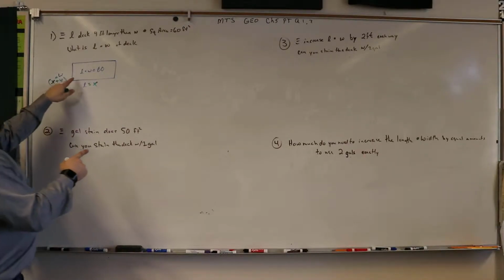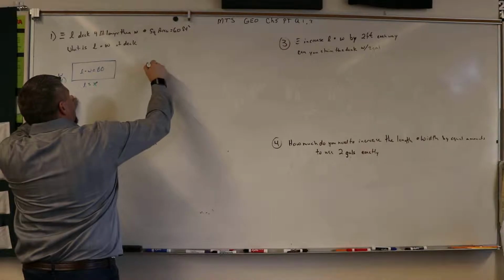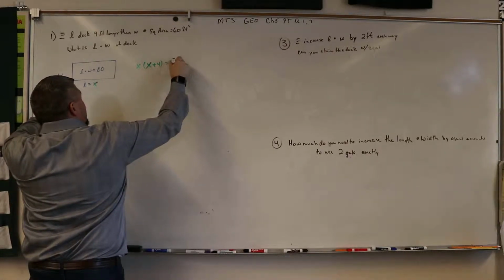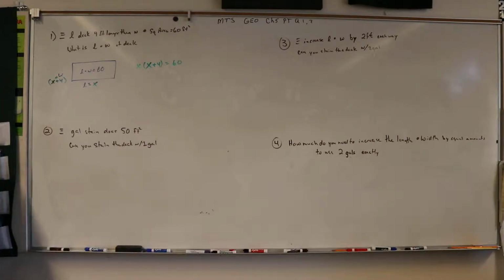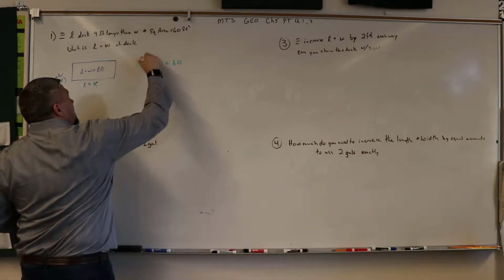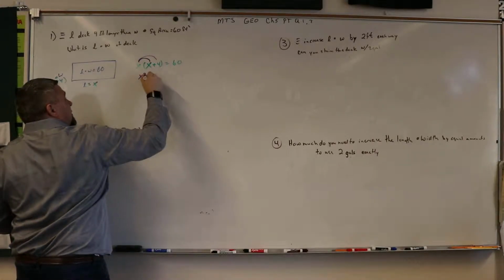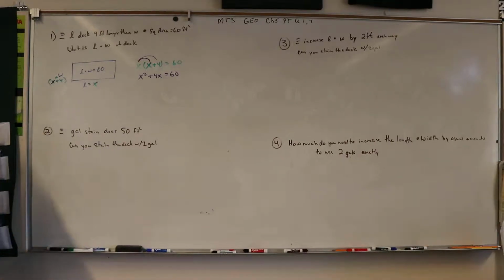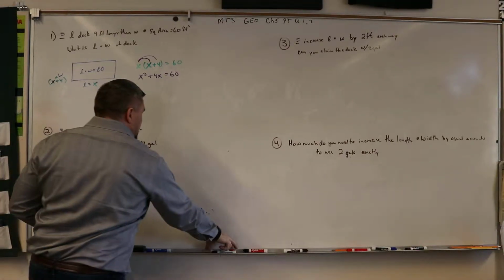And then we're saying that the length times the width, that means x plus 4 times x, is going to equal 60. Does that make sense? So then x squared plus 4x is equal to 60. Then we're going to pull over that 60.